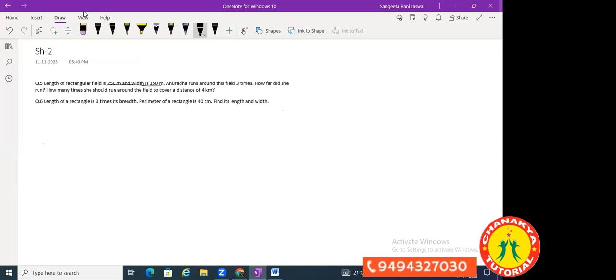Quickly. First find the perimeter. Ma'am, perimeter of the rectangular field is 800 meters. Everyone got 800 meters.